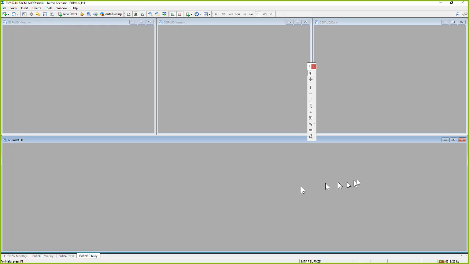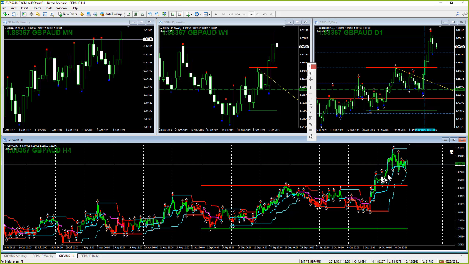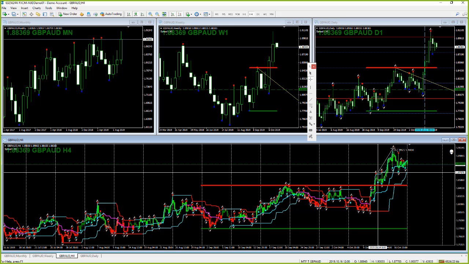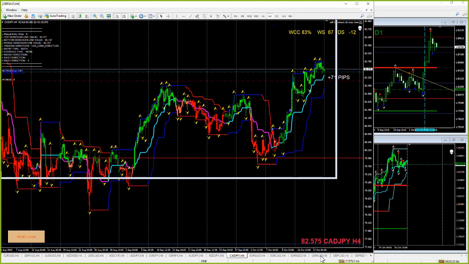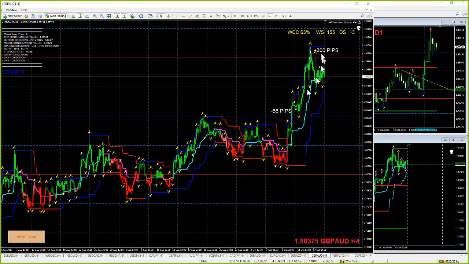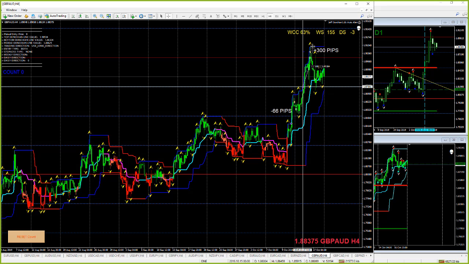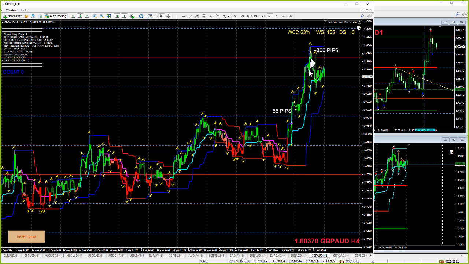Pound Australia last week gave us quite a good continuation. The market went 300 pips, which was justified by that. So 300 pips, the market broke up from there, got over here. This is the previous trade, I think.